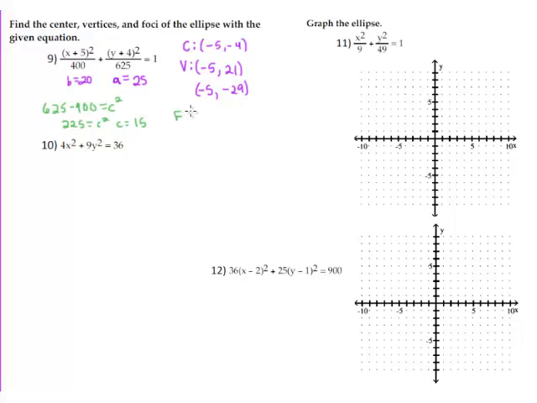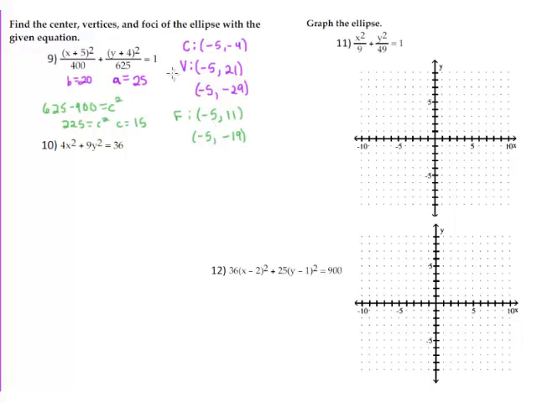So our foci are h, comma, k plus or minus c. So -5, comma, -4 plus 15 is 11. And then -5, comma, -4 minus 15 is -19. So there's all of that information.